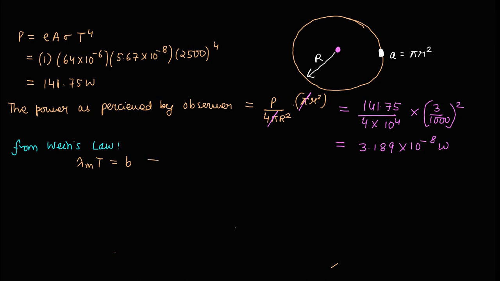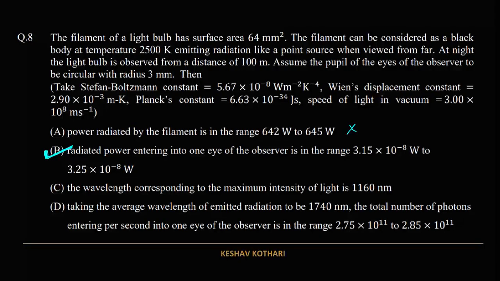And over here we can calculate it as lambda m is equal to Wien constant, that is 2.93 into 10 to the power minus 6 by 2500. So we attain a value equal to 1160 nanometer. So if we look at this option, then it is matching with the C option. So C option is correct for this particular problem. So along with B, C is also correct.